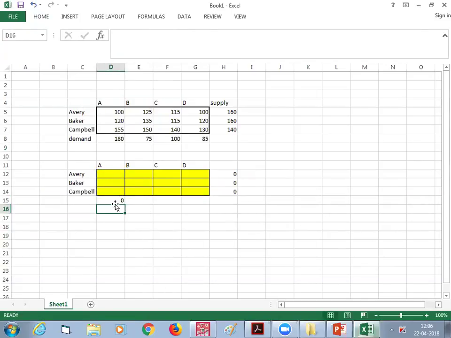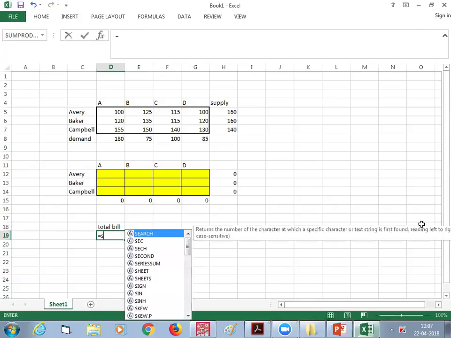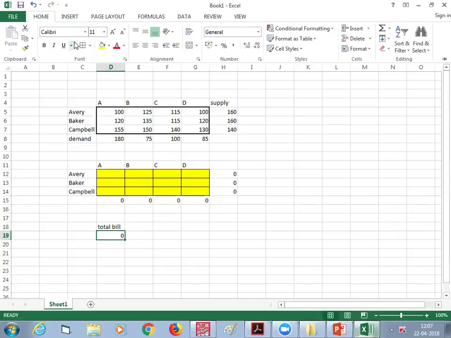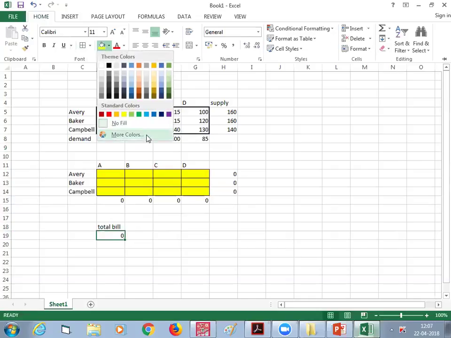And the total bill is the sumproduct of the whole thing: rate multiplied by number of hours worked. Very simple.